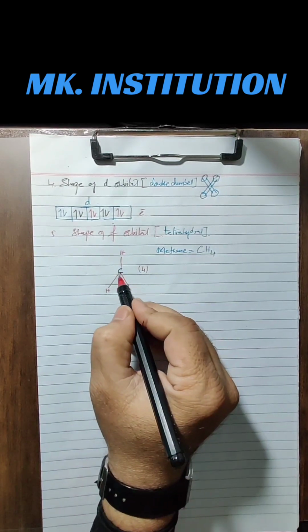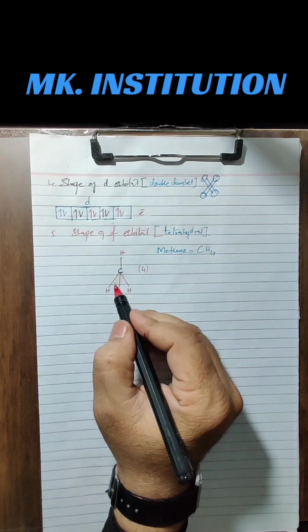Tetrahedral means 4. Now see the shape here. This shape is called a tetrahedral shape.